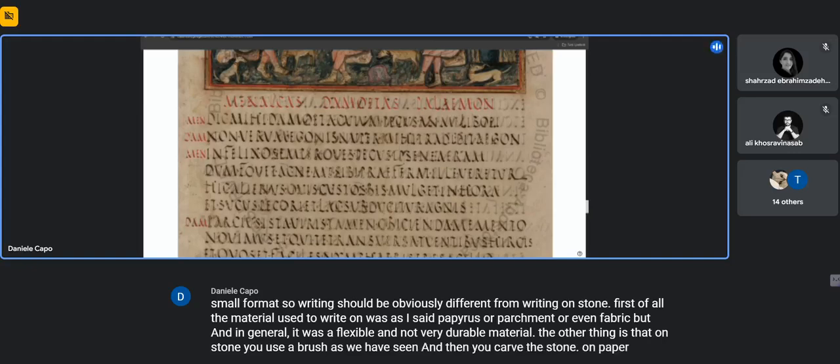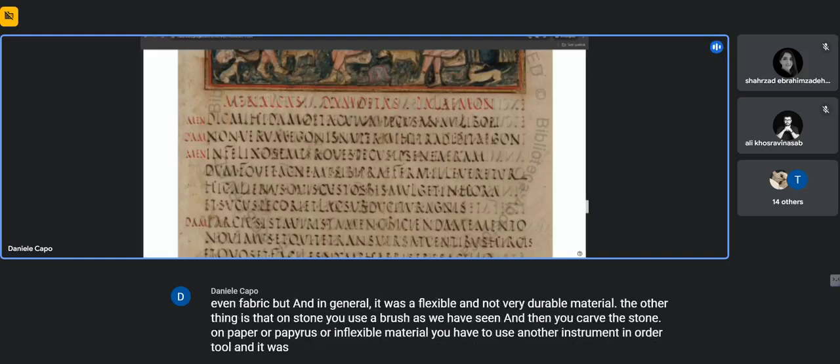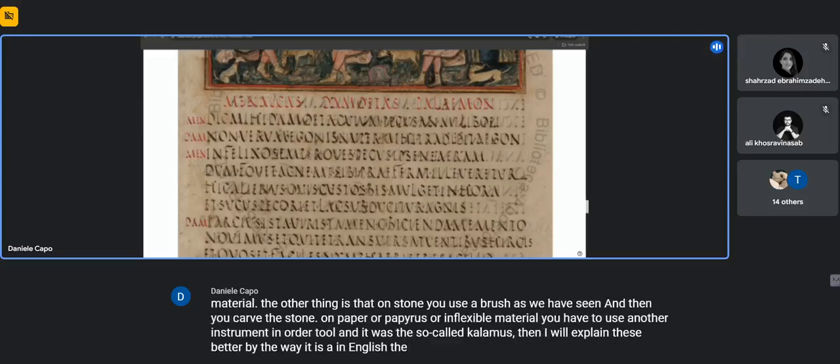On paper or papyrus or flexible material, you have to use another instrument, another tool. And it was the so-called calamus. I will explain this better later. By the way, in English, the translation is reed pen.